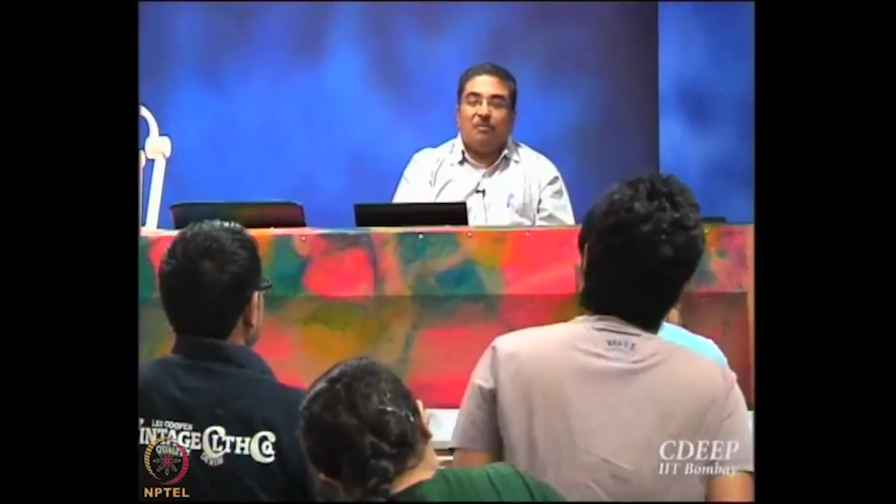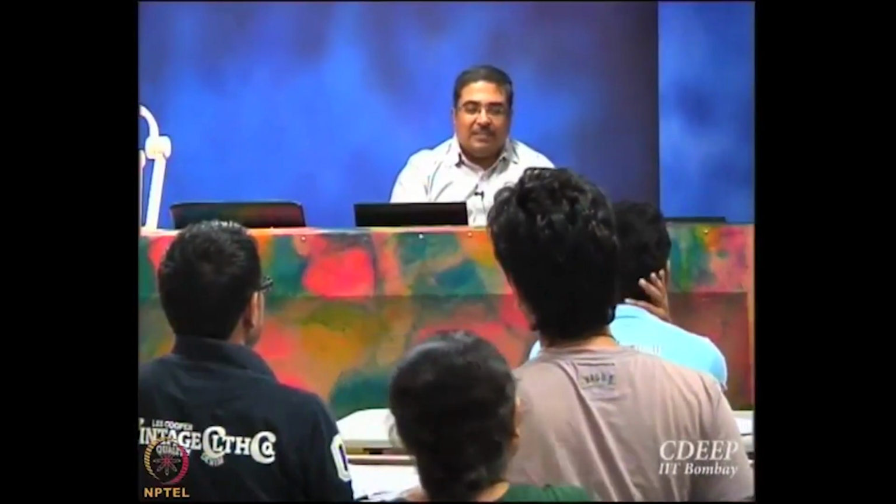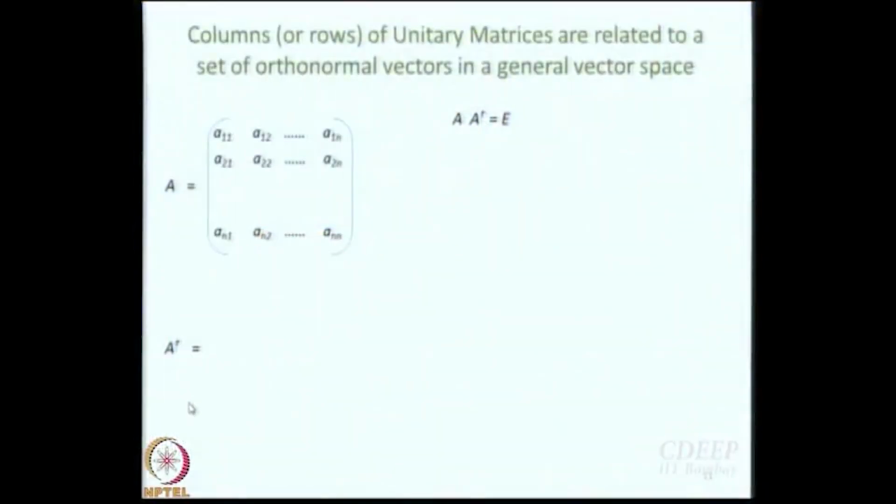But before you discount it, please do not forget I am not talking about a general case, I am talking only about unitary matrices, and the proof of the pudding is in its eating. So, let us see if we can arrive at what we are saying. Let us say this is a general matrix and it is a unitary matrix, a square n by n matrix in its most general form.